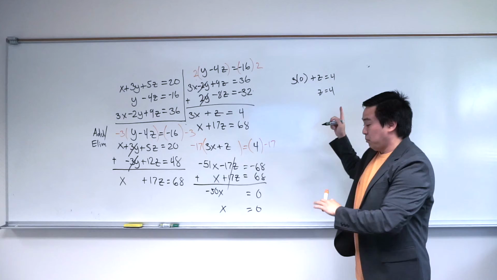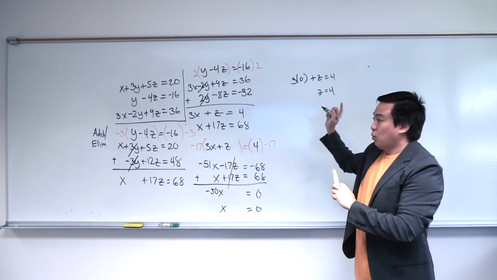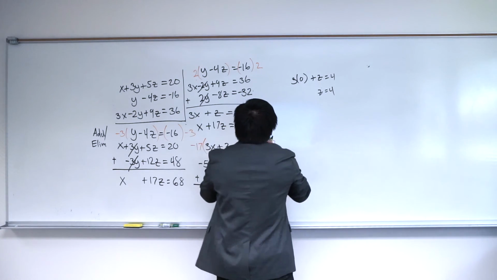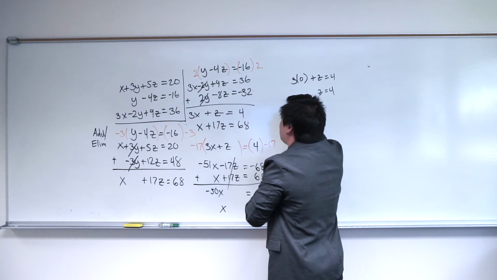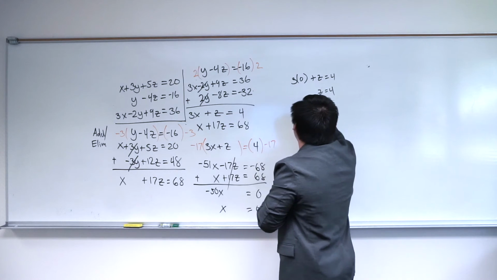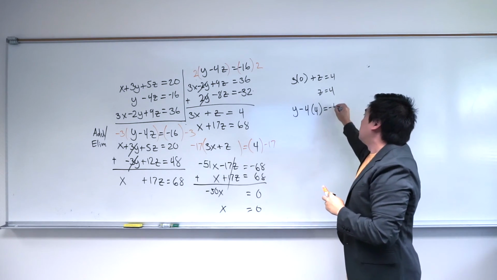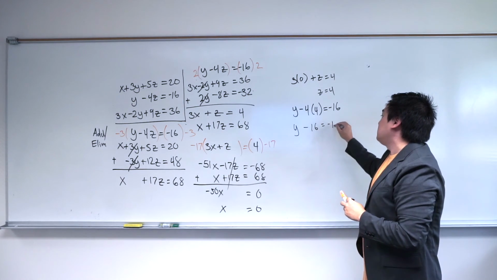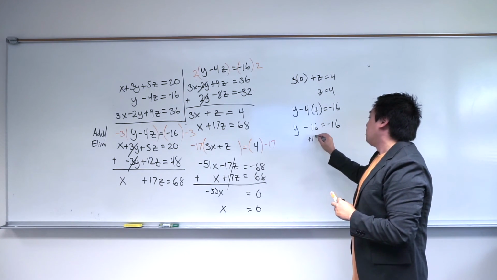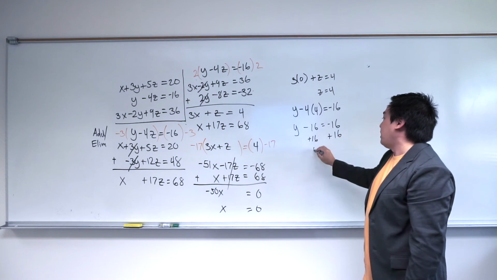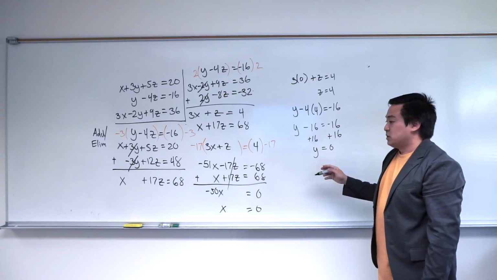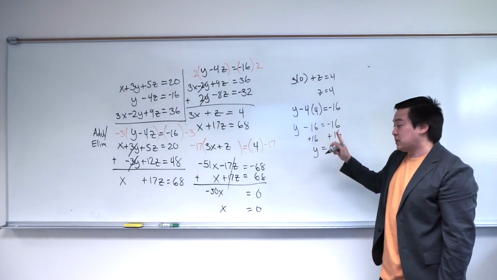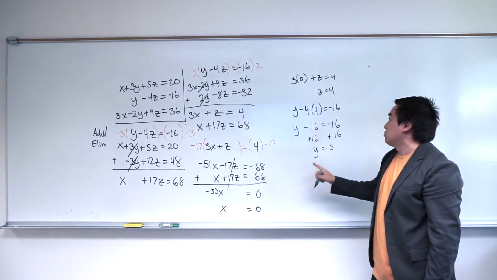And then lastly, plug both into the original, or like we did before, we noticed that this equation only has y's and z's, so I can just plug in the z value, which is 4. So y minus 16 is minus 16, or y is equal to 0. So we can see again that these 3 planes intersect at the point 0, 0, 4.